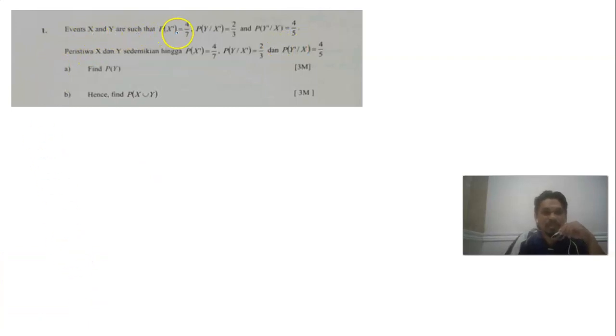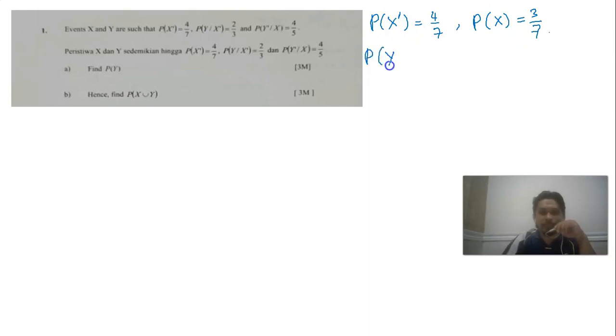Events X and Y are given here. Let's say probability of X complement equals 4/7. So probability of X equals 3/7, as we know that probability of X plus probability of X complement equals 1.